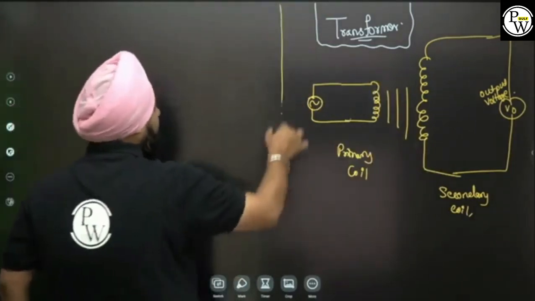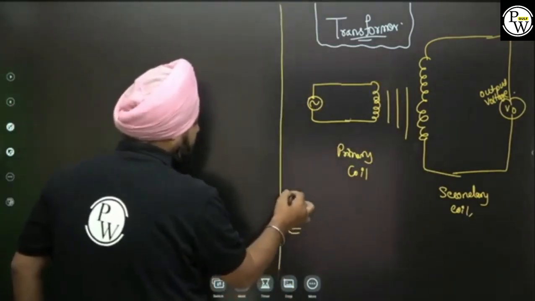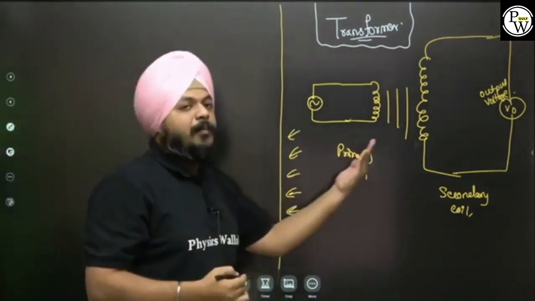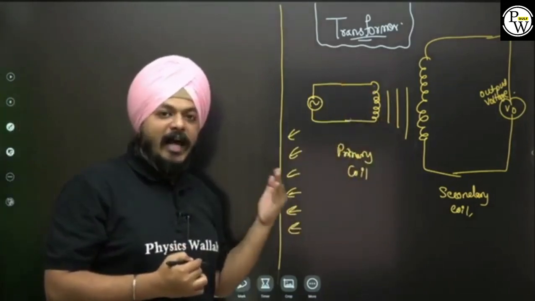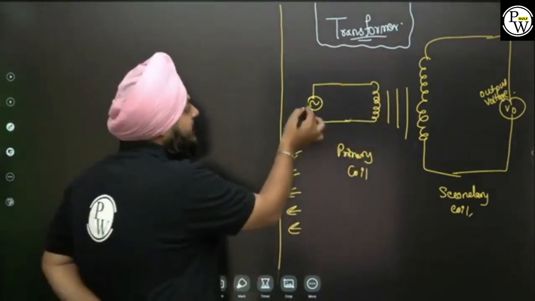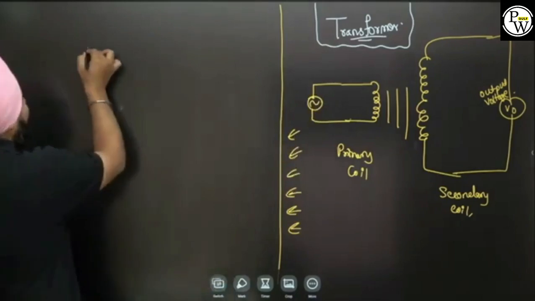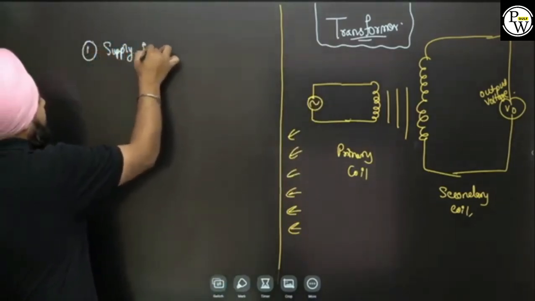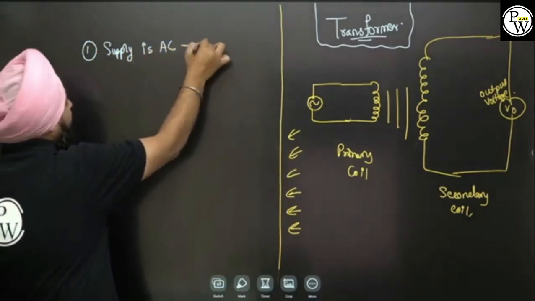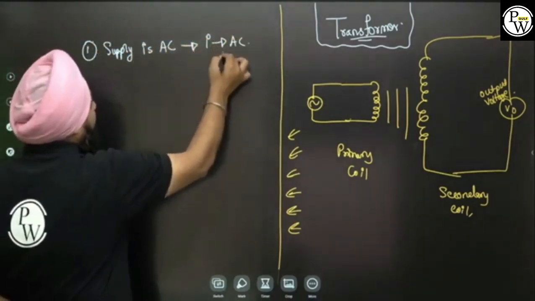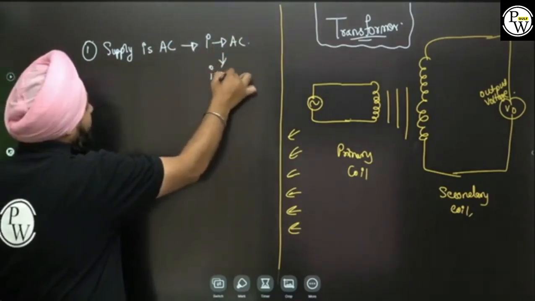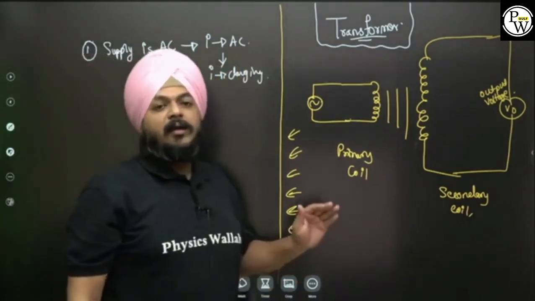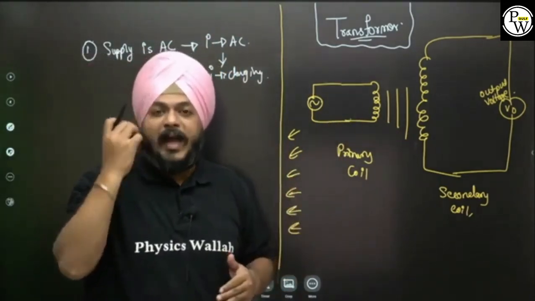The main thing about the transformer is that in the primary coil, the supply voltage is given. As this supply voltage is alternating, the current is alternating, and as the current is changing, there is a change in the value of the magnetic field.